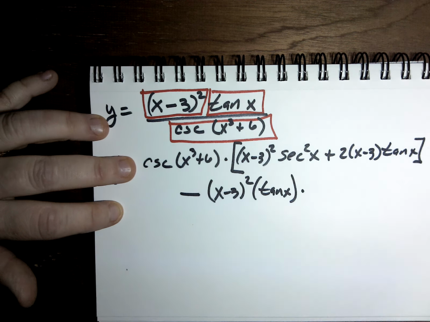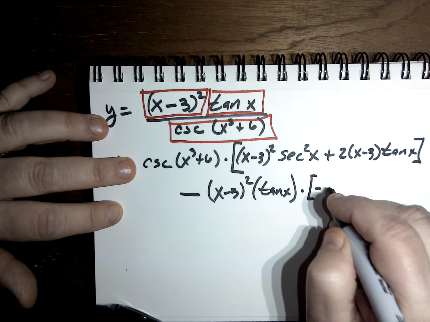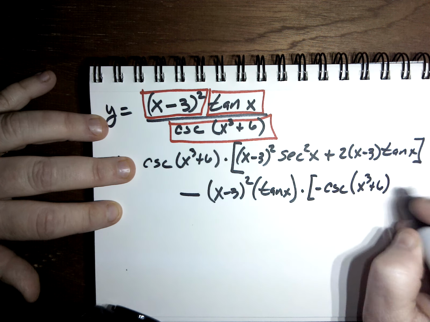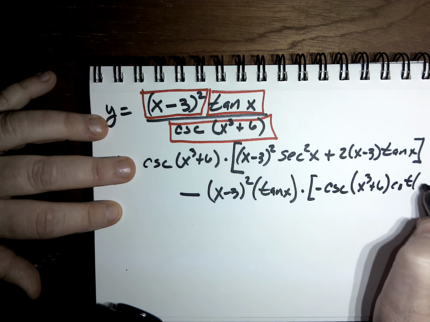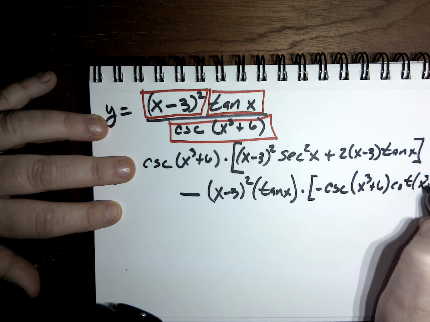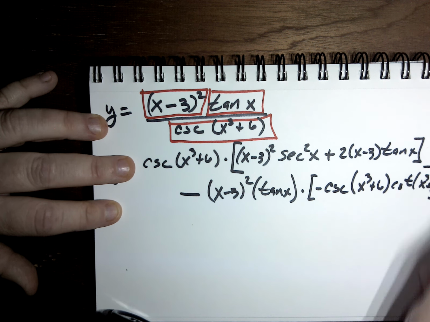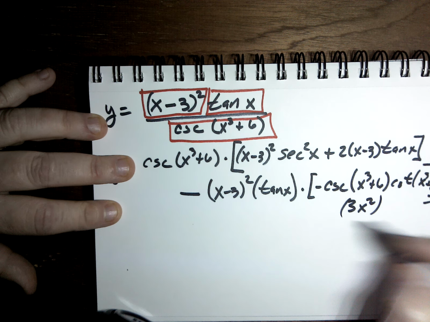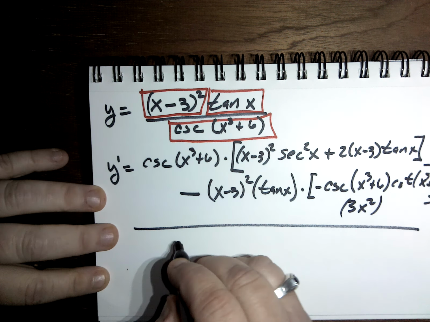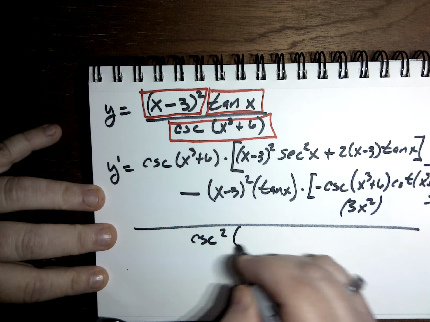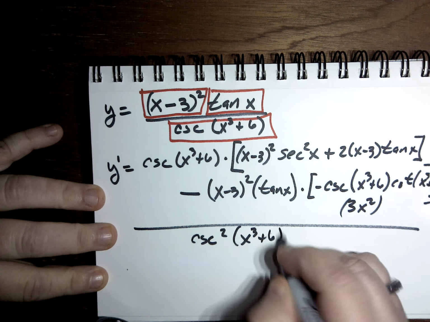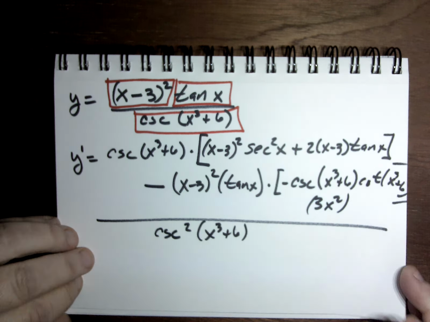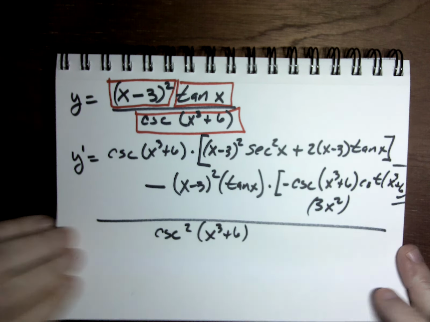Derivative of cosecant of that is negative cosecant of that, I'm going to run out of room again, times the derivative of the inside, which is 3x squared, all over the bottom squared. Right, squared it. That's what I get for doing this with a Sharpie in a small pad.